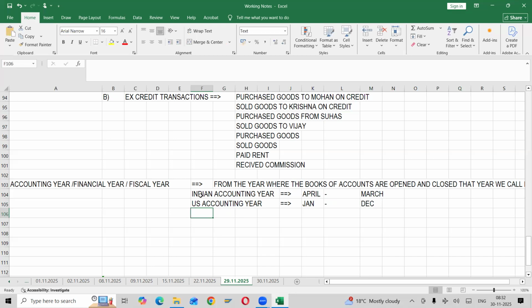Most of the states in the US follow their financial year from January to December. Most of the Indian companies follow their books from April to March, their accounting year, financial year, fiscal year.